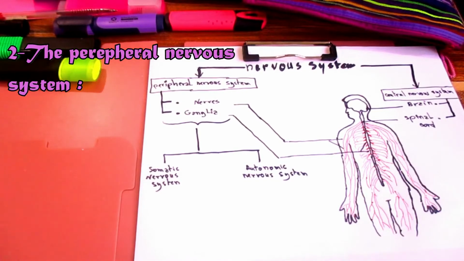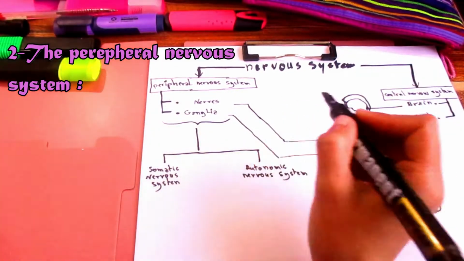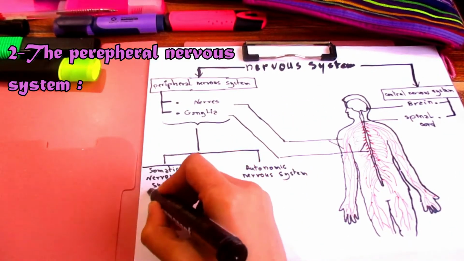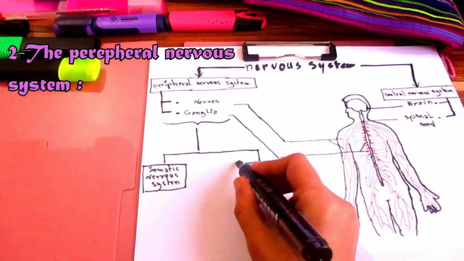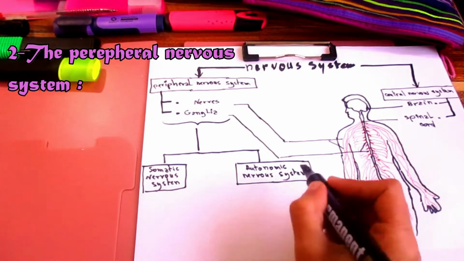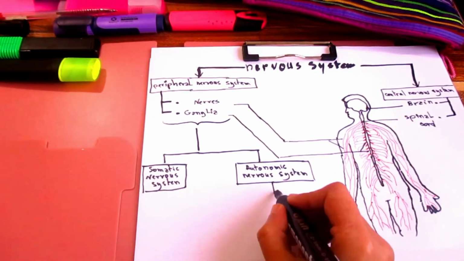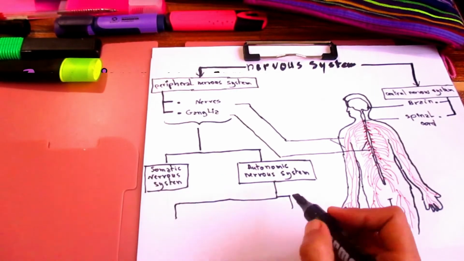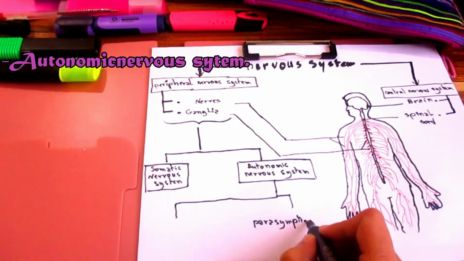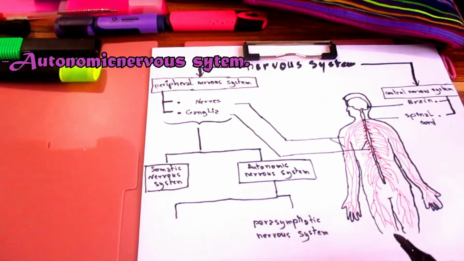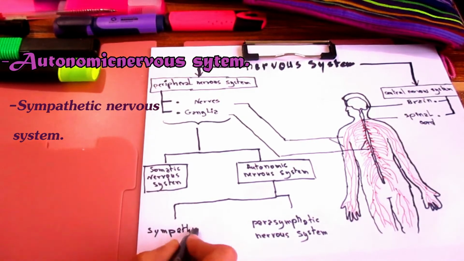So it's otherwise called vegetative or involuntary nervous system. This autonomic nervous system consists of two other divisions, the sympathetic division and the parasympathetic division.